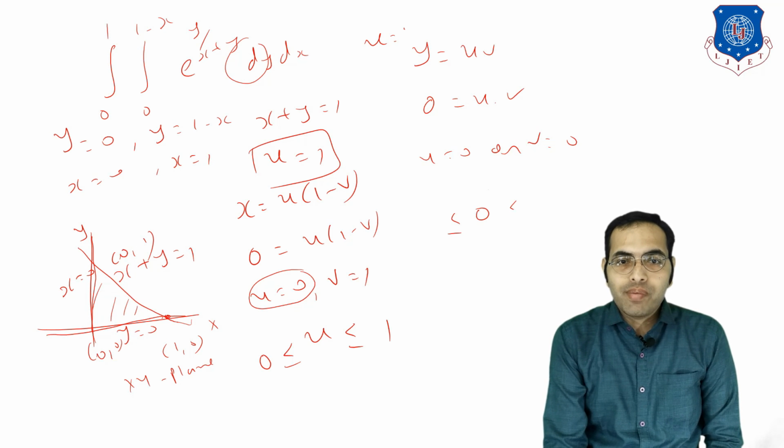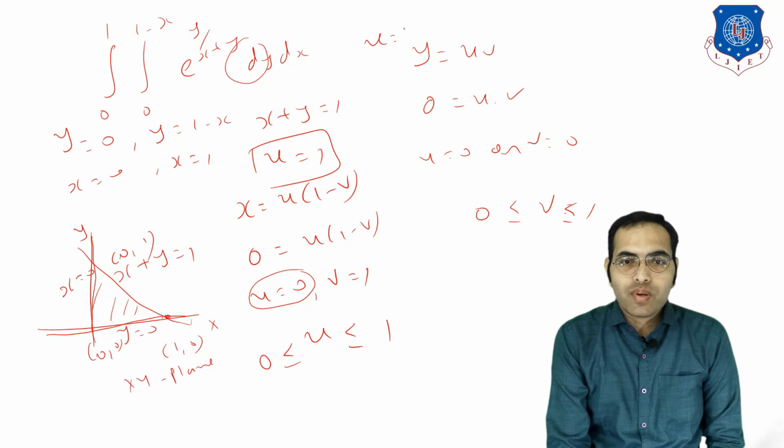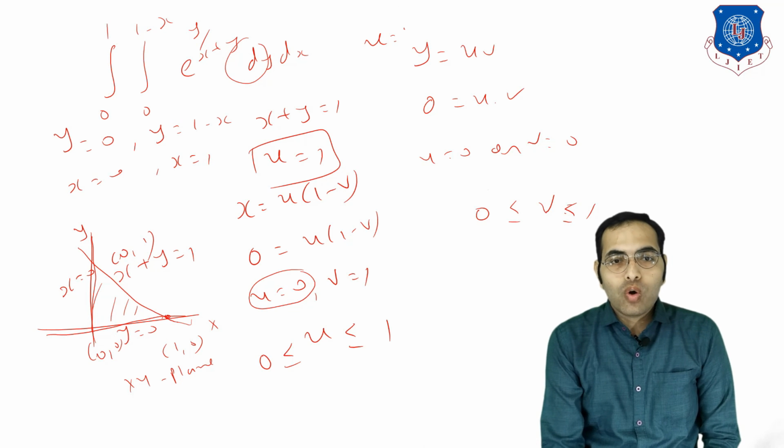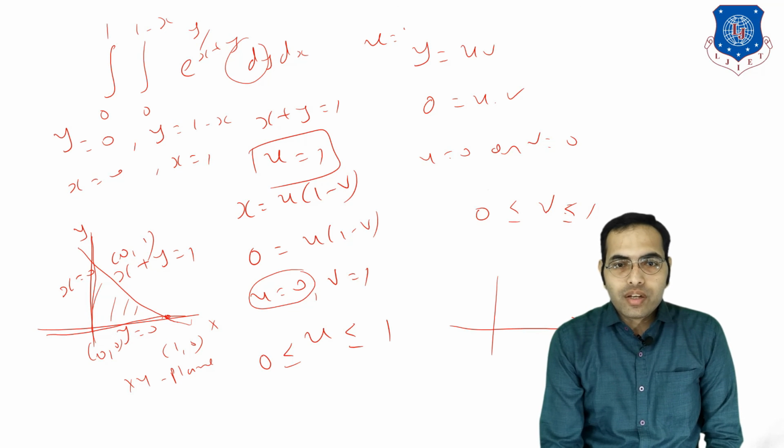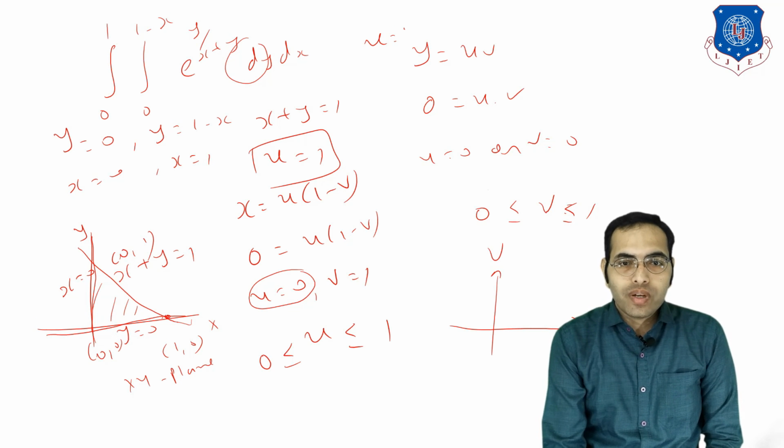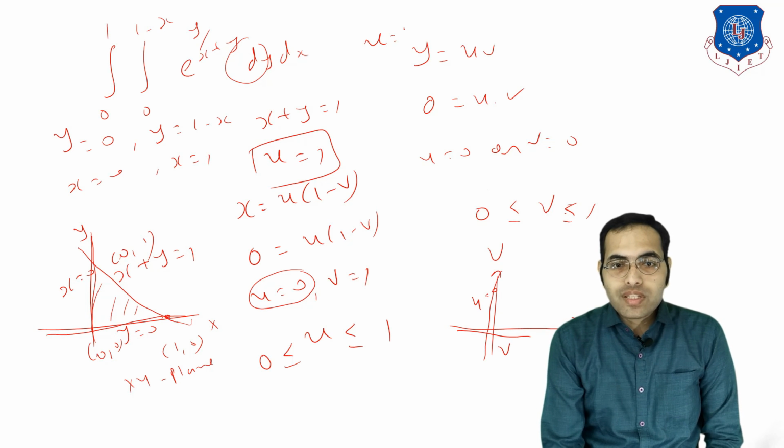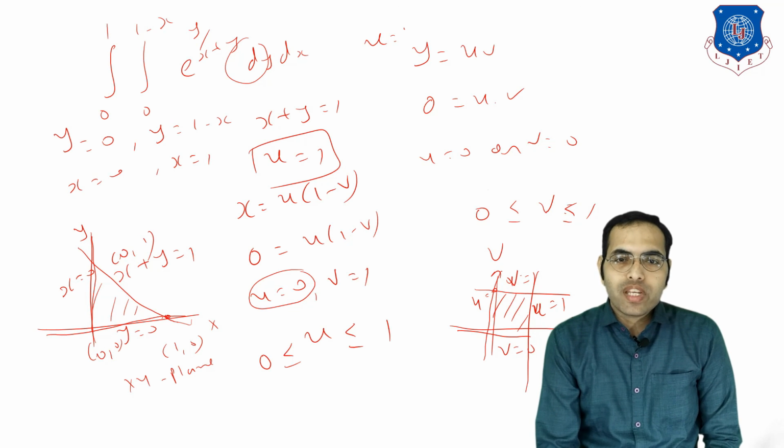That is exactly our limit, 0 less than or equal to v less than or equal to 1, and u varies from 0 to 1. Drawing the region in the uv plane, with v on one axis and u on the other, with u equal to 0, v equal to 0, u equal to 1 and v equal to 1, it is exactly a rectangular shape where v varies from 0 to 1 and u also varies from 0 to 1.